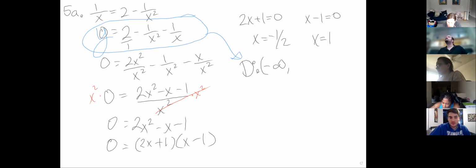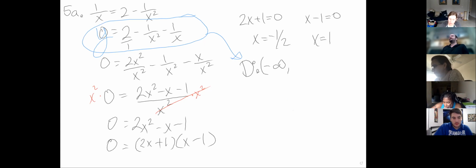What would the domain be? Would it be 0? It can be 0. It's only 0. Domain is just 0. I'm not sure because I remember you said that having a square root has a restriction. What else has a restriction? Fractions. So we have fractions here.